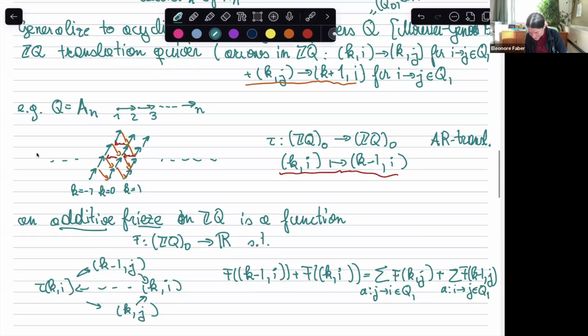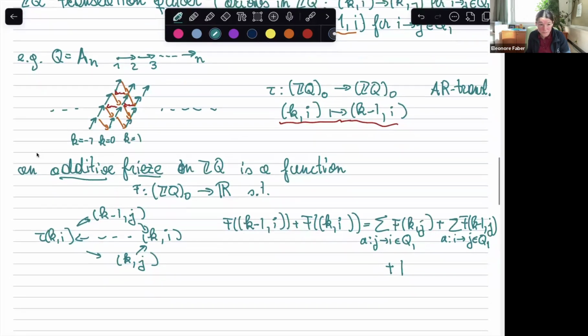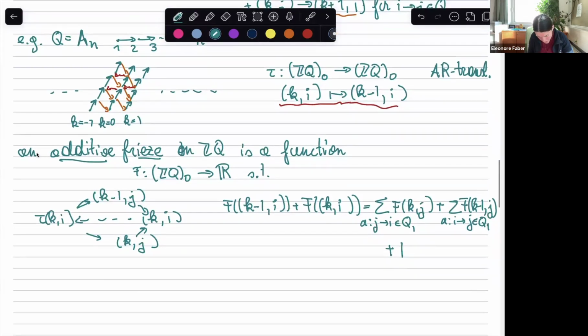And so this would be the additive one, and so I have to add plus 1. So I get back the original frieze. And then one can actually show that f is periodic again in the horizontal direction if and only if Q is an ADE Dynkin quiver.